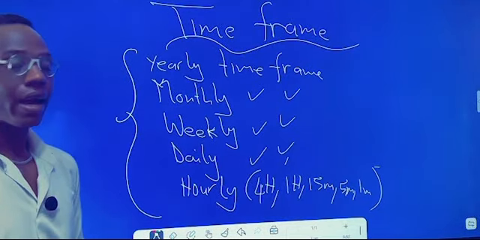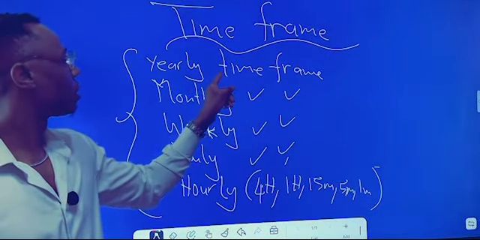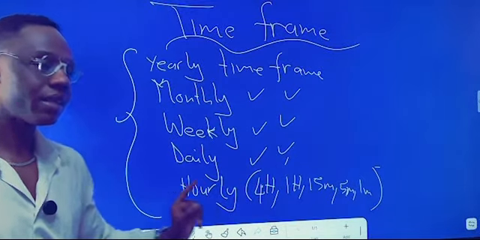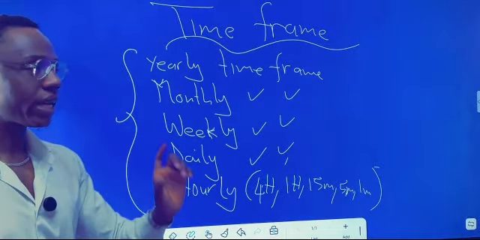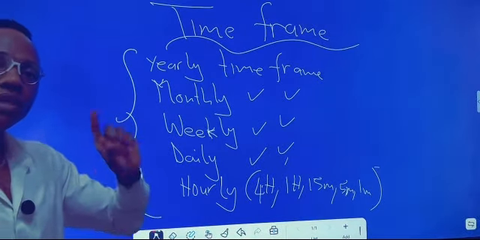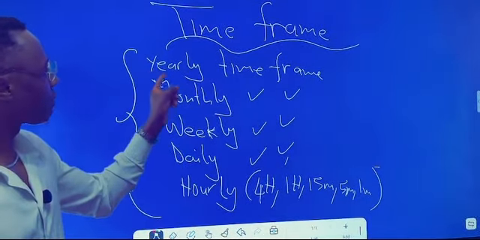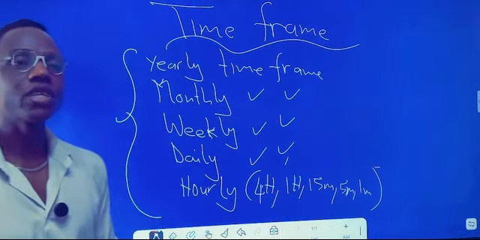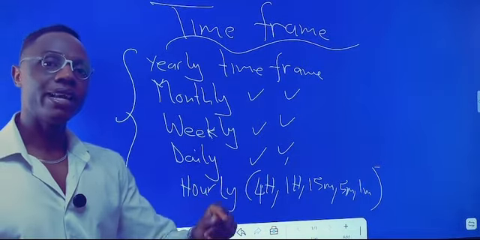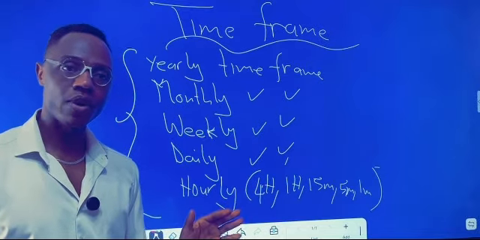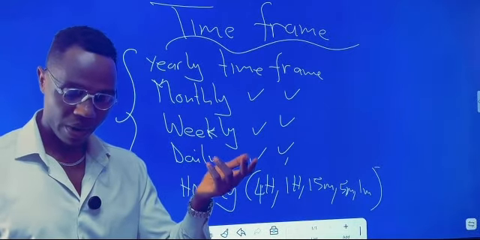What this means is that if you put your time frame on a yearly time frame, each of the candlesticks in that time frame will take a year to complete its cycle. In other words, it will take a year for another candlestick to start a new cycle.